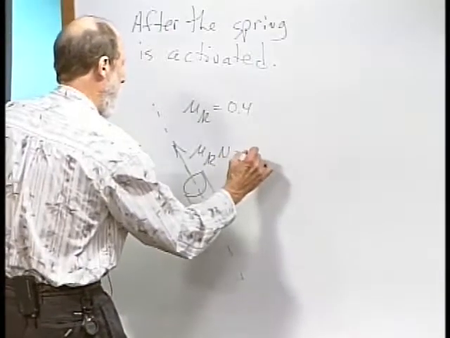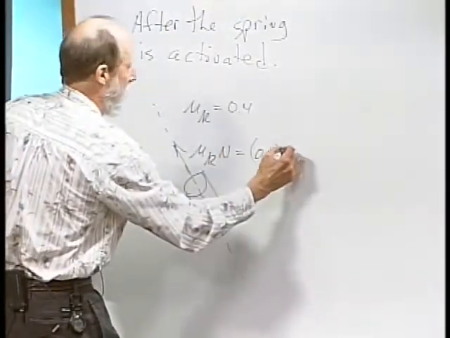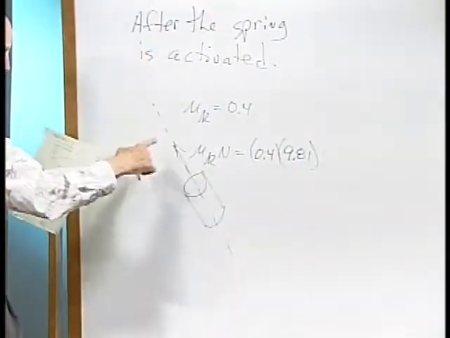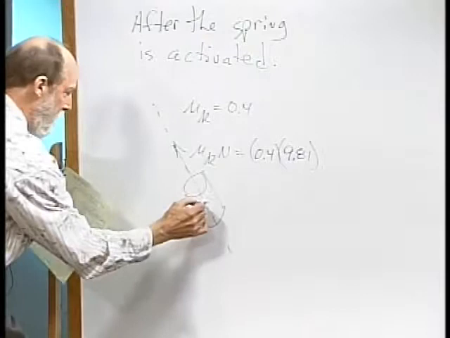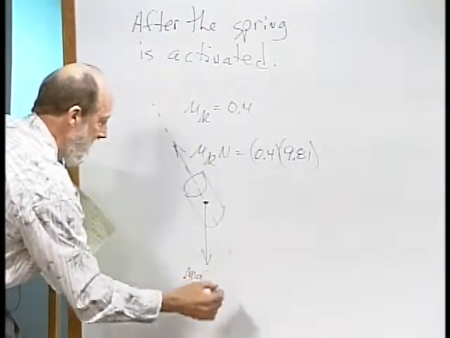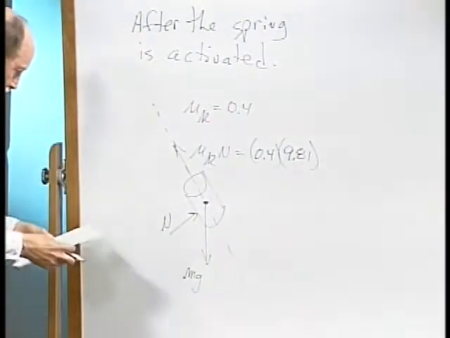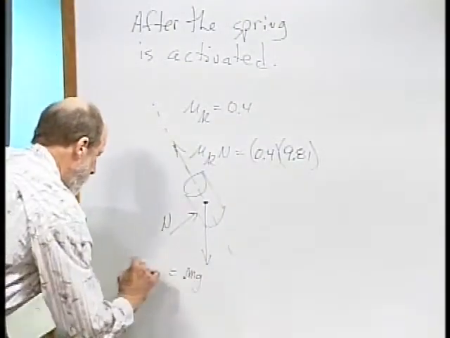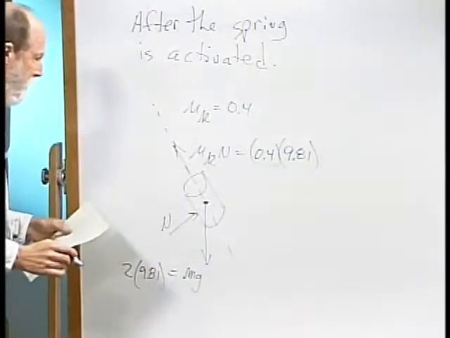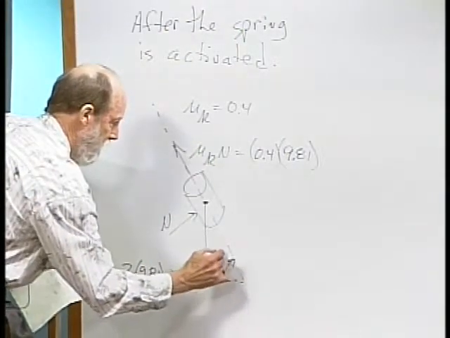That's 0.4 coefficient times the normal force, which is 9.81 newtons. So that's the friction force. We have mg acting. Our normal force was here. mg was 2 times 9.81, and the incline angle was 60 degrees.